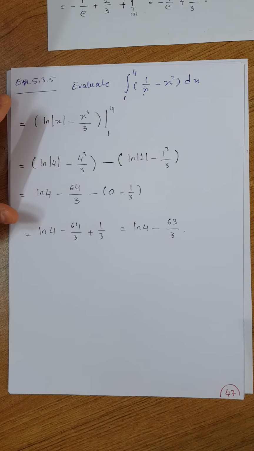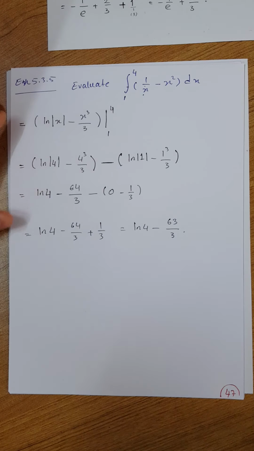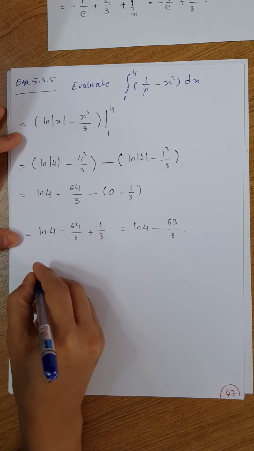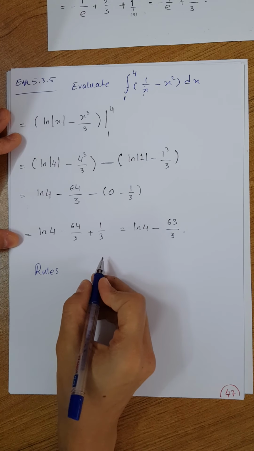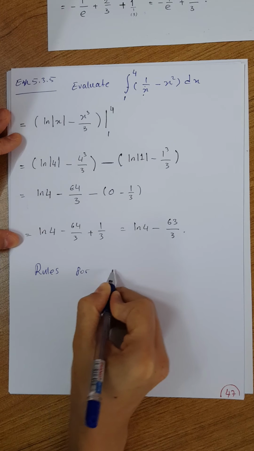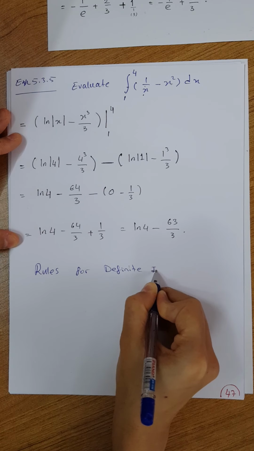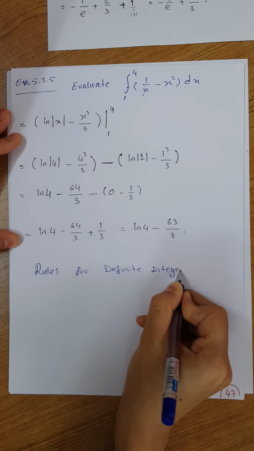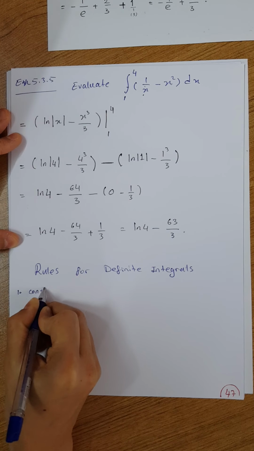Then we have got two more rules that are related with the definite integration. I will write only those two rules because the others are the same thing that were used for indefinite integration. Rules for definite integrals. So the first one, we have got the constant multiple rule.